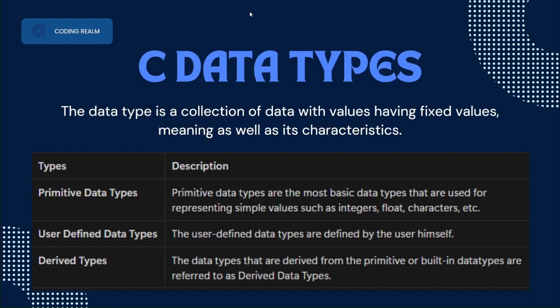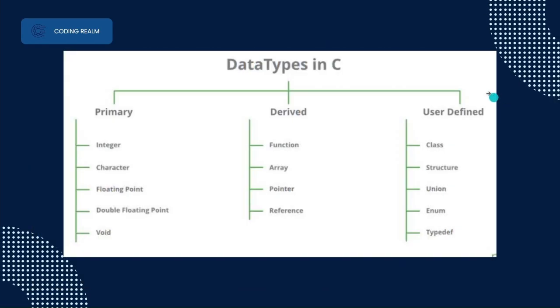The user-defined data types are defined by the user himself, and the derived data types are the data types that are derived from the primitive or built-in data types. These are the three types of data types.